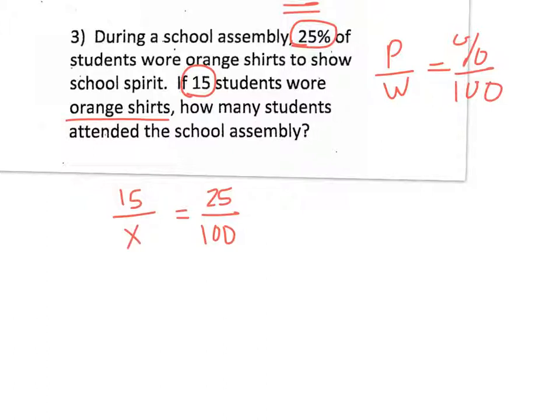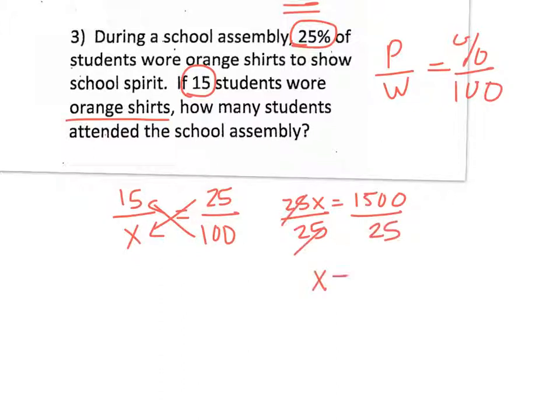By the way, you could put T for total. X is just kind of a default. So if you want to put a different letter, you can, but don't be putting anything just random because you like that letter. So I have 25x equals 1500. I have to divide both sides. Remember, when you write it as a fraction, that means division.